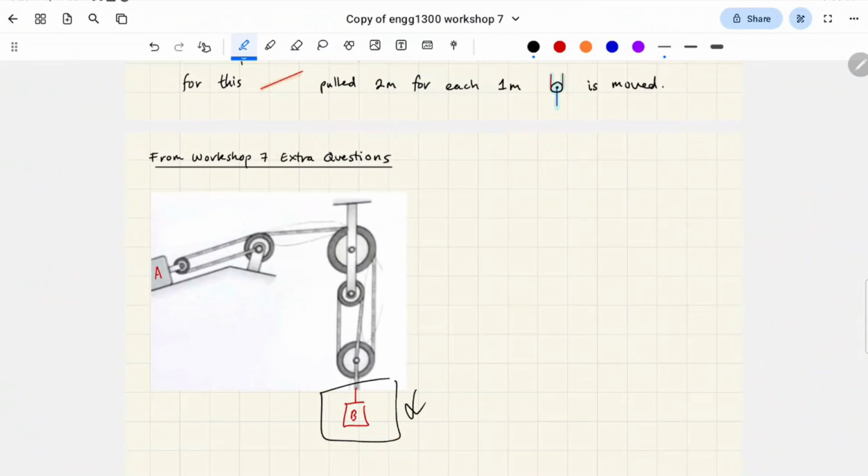How is that going to affect each length of rope? Which ones are going to stay the same and which ones will be variable, right? Because this is one of the extra questions that are provided, right?